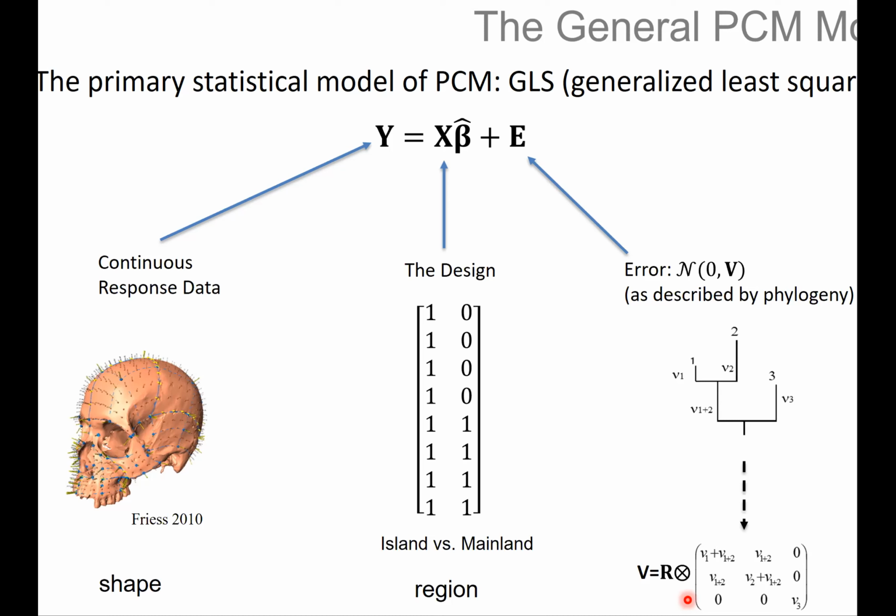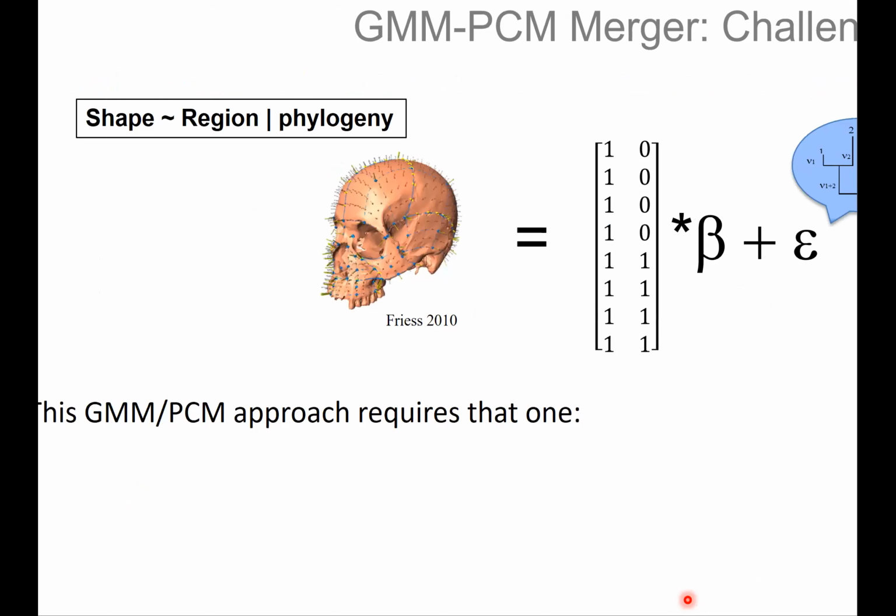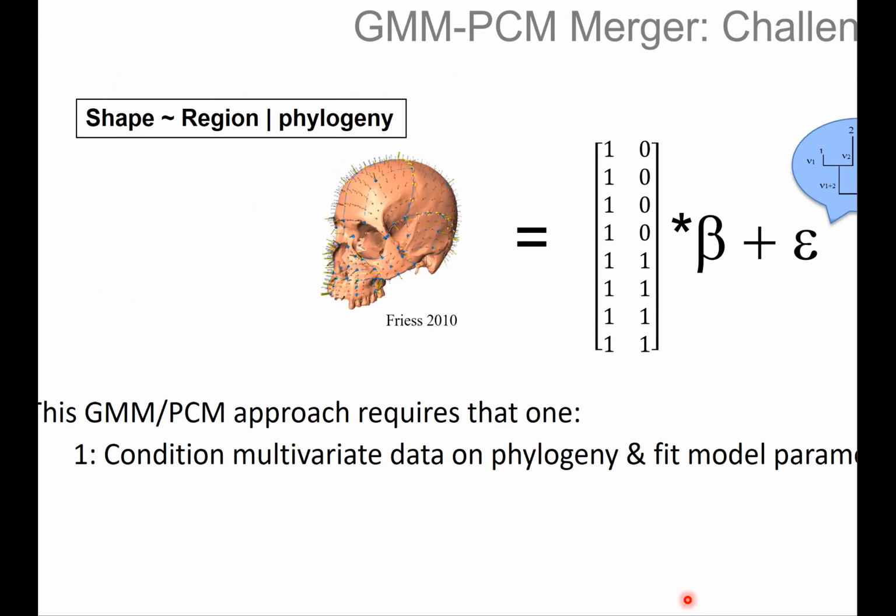Great, so this is easy, we've got it. That math has been around for decades. Generalized least squares exists in the statistical literature and has been for a very long time. So why don't we do this? No problem, right? Well, to do this for high dimensional phenotypes, we need a couple of things. We need to condition the data on the phylogeny and get our parameters.